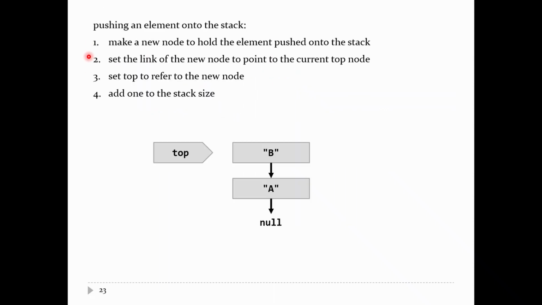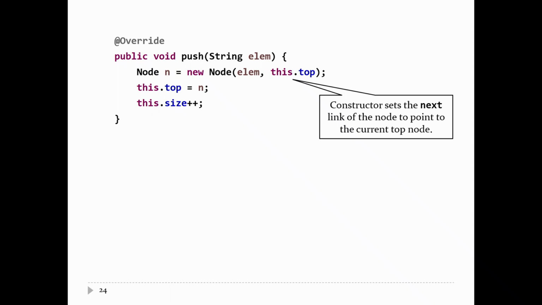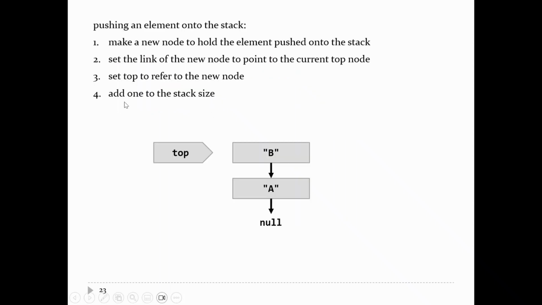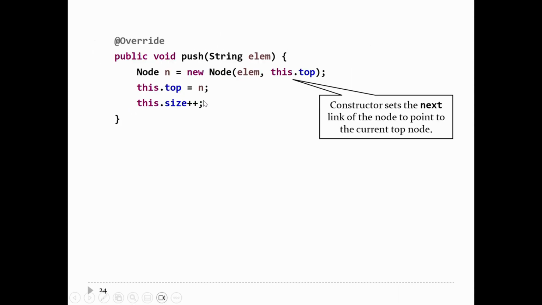So I've got 1 and 2 all done in one line of code. Set top to refer to the new node. Well, that's easy. I made my node n, so this top is now n. Step 4, add 1 to the stack size. That's easy too. This size plus plus. And there's push in 3 lines of code.